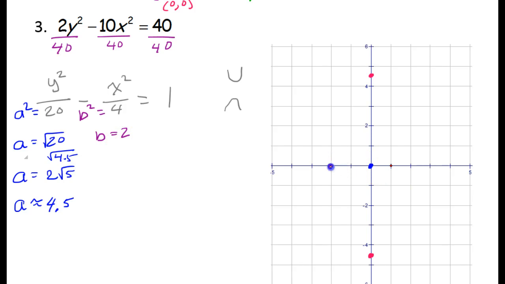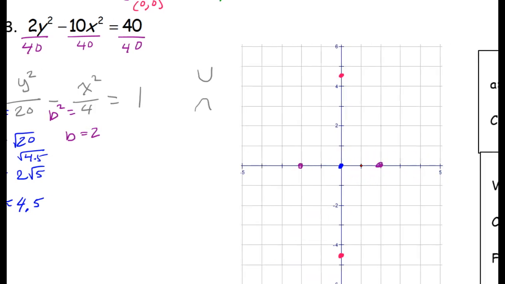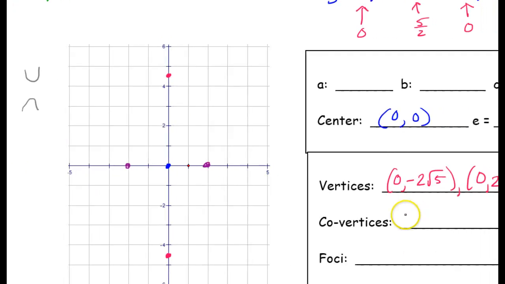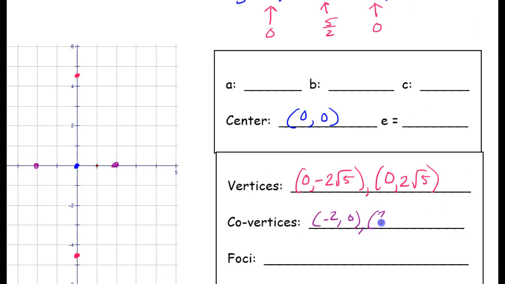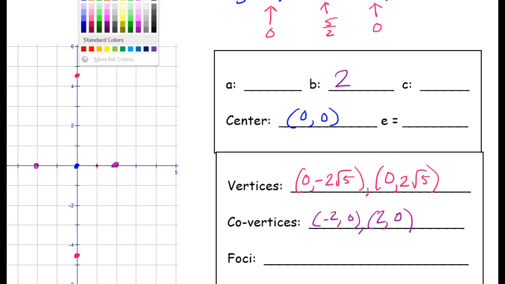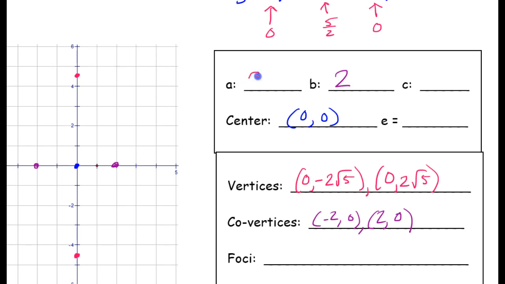In other words, left 2 and right 2. These are my co-vertices. Negative 2 comma 0 and 2 comma 0. Okay, so look, the b value was 2, and I forgot to write down that the a value was 2 radical 5.